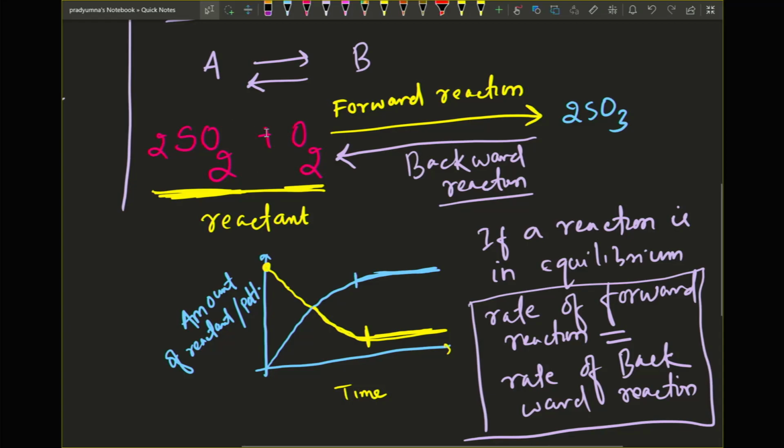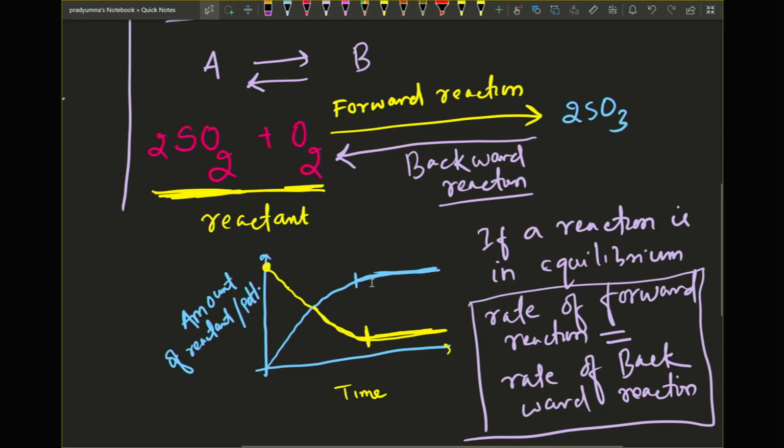Let's say equilibrium is achieved, and what happens is 2 sulfur dioxides are reacting with 1 oxygen to make 2 sulfur trioxides, but immediately 2 sulfur trioxides are dissociating back to sulfur dioxide and oxygen. So it's equal, everything is balanced. That's where you reach equilibrium.